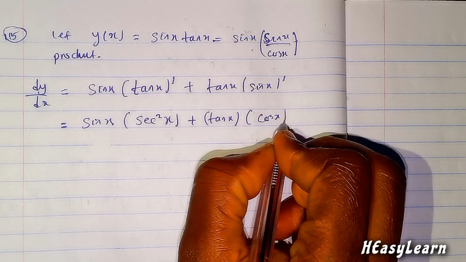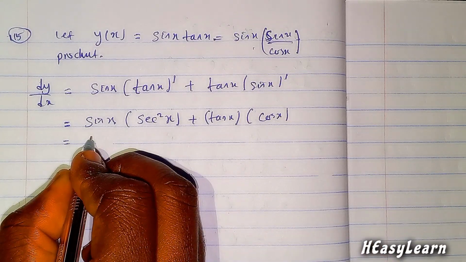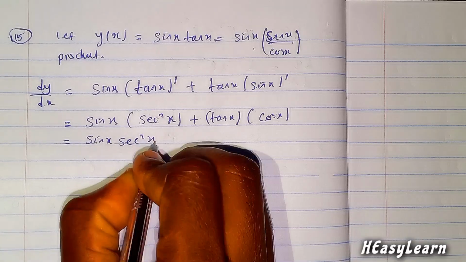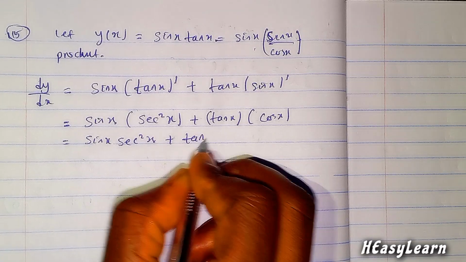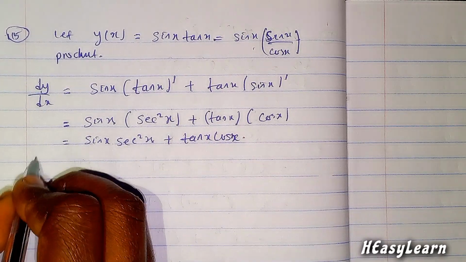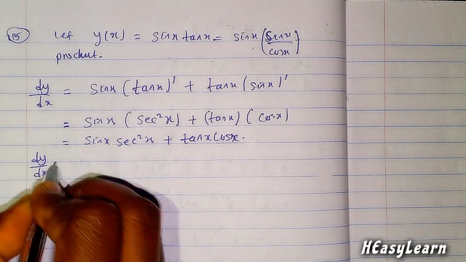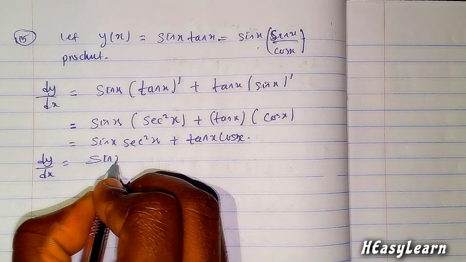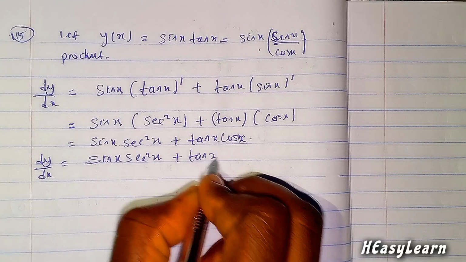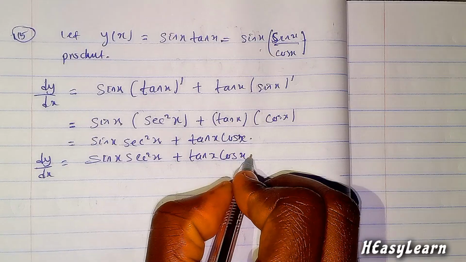It is cos x. So this is equal to sin x sec squared x plus tan x cos x. The derivative of this function is sin x sec squared x plus tan x cos x.